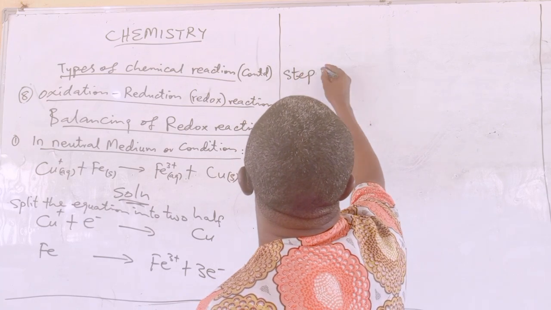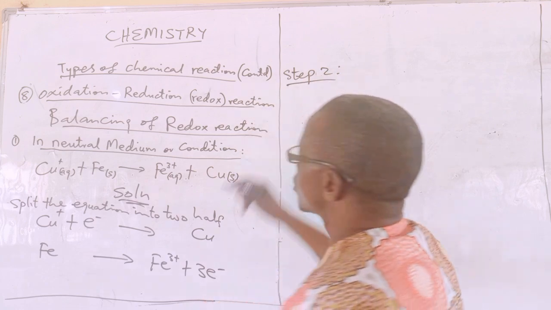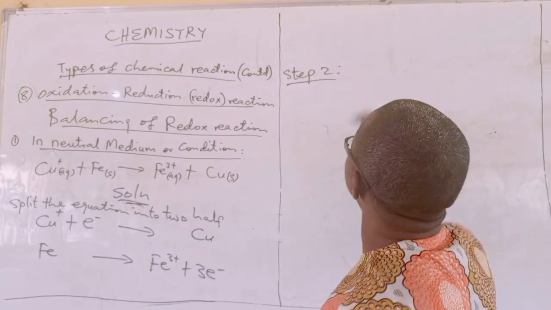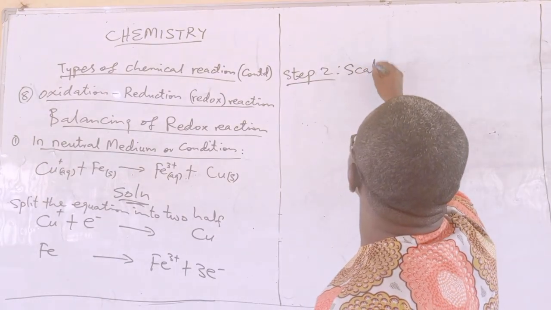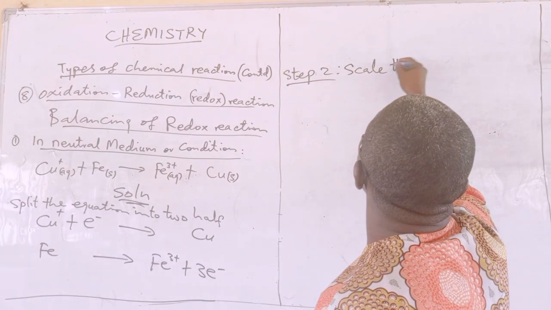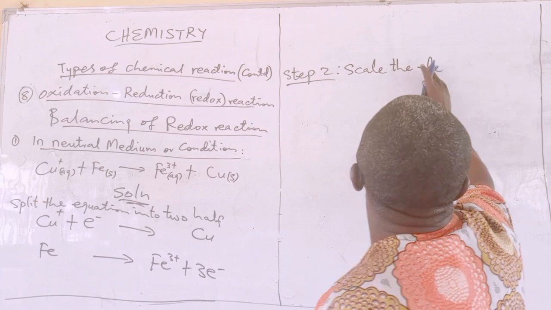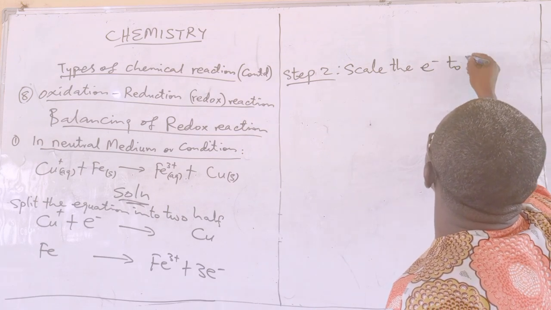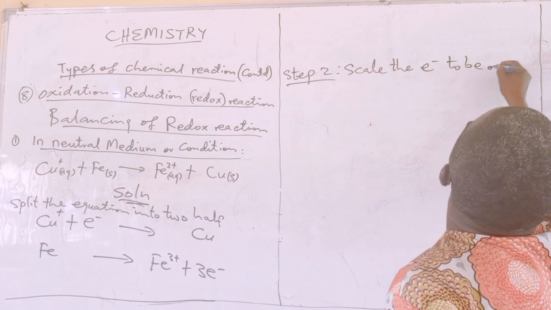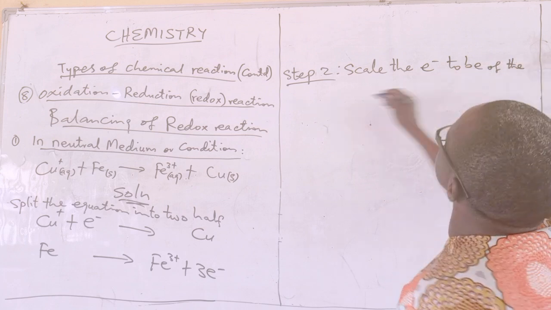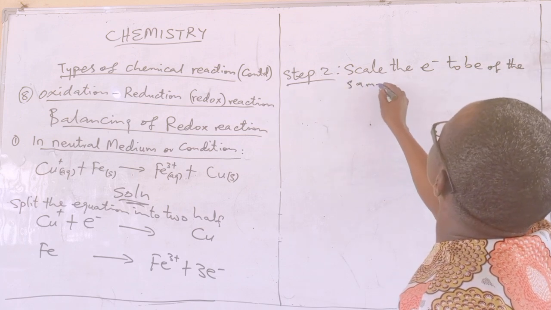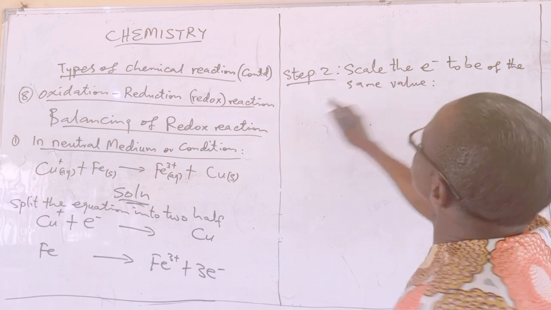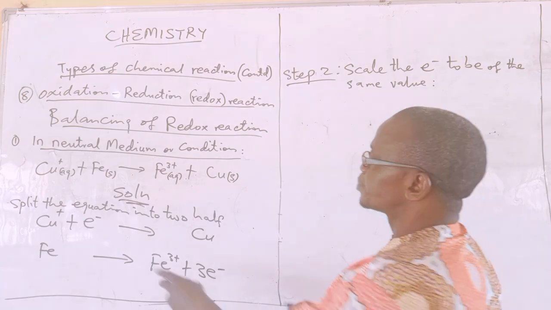Step 2: scale the electron, or e, to be of the same value. Okay, now how do I do that?